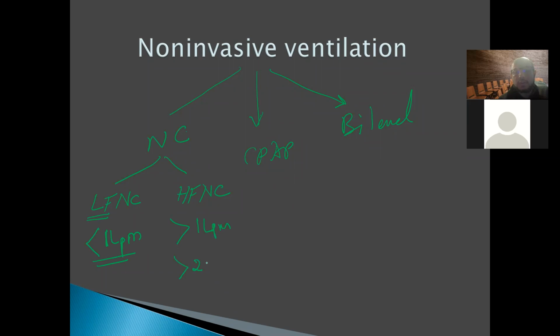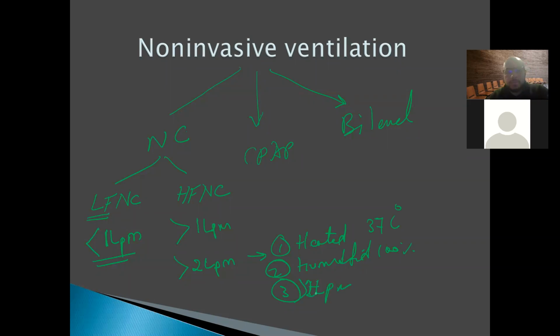If you give more than 2 liters per minute, it should be, number one, heated. Number two, humidified. Number three, heated to 37 or 36 degrees and humidified to 100%: heated, humidified high flow, which is a flow of more than 2 liters.